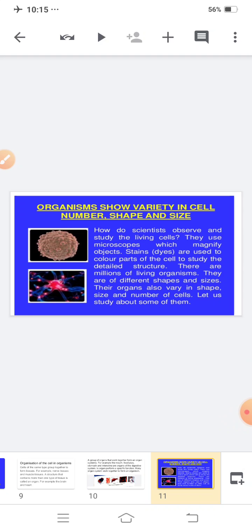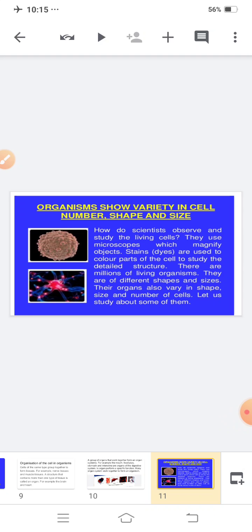There are different shapes and sizes. The organs also vary in shape, size and number of cells. Let us study about them. That means it is not compulsory that the number, shape and size of cells are equal. According to number, shape and size, there is a variety of cells.